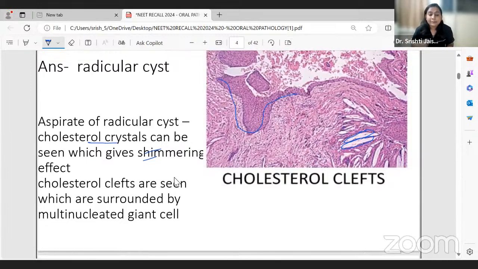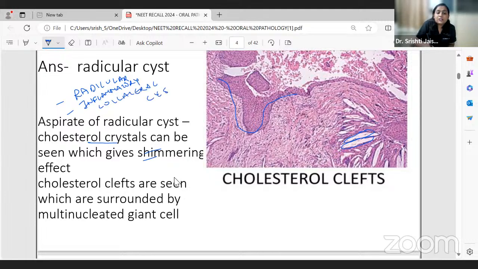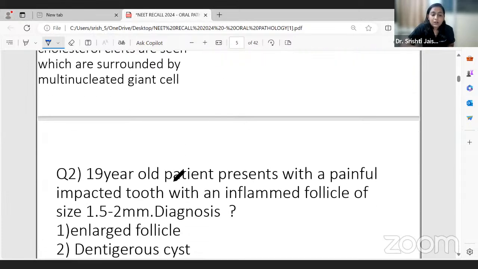This arcading pattern is seen in radicular cyst, and we also see it in inflammatory collateral cyst. So if in your question they would have mentioned radicular and inflammatory collateral cyst, then also the answer would have gone to radicular cyst, because that's how we prefer all the options.